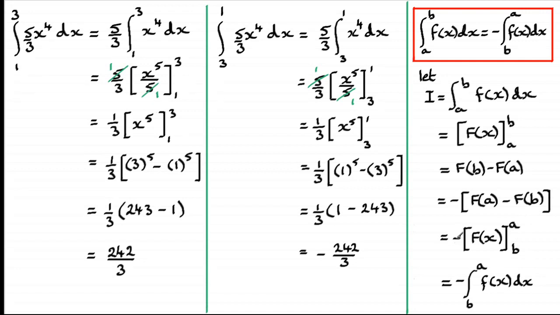Okay, but I've got that negative out there, and that is the same as this integral. The integral of f of x with respect to x going from b to a, only with that negative sign there. Okay, so a useful result. You don't have to use it, but it's just a technique which might save you a bit of time later on in some integrals.